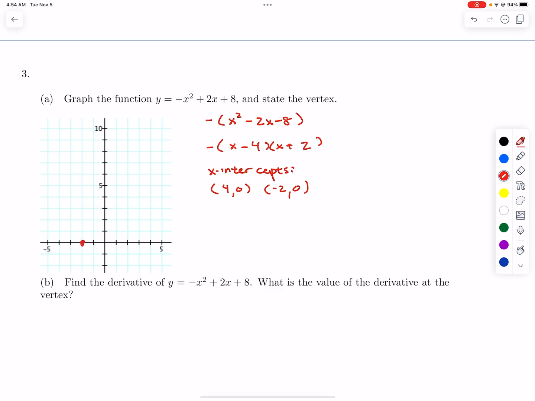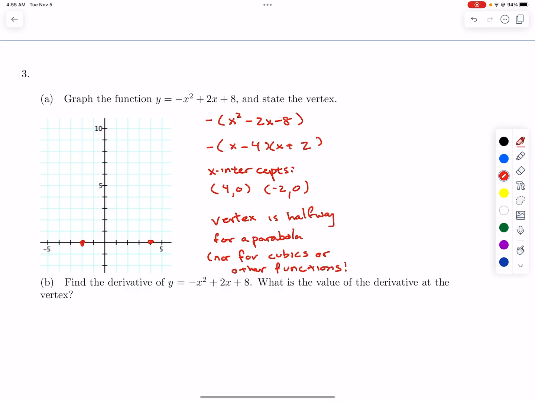Okay, so -2, 0, 4, 0. The vertex, that symmetry that the vertex is halfway between the intercepts is not true in general.